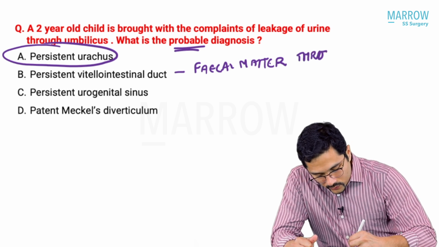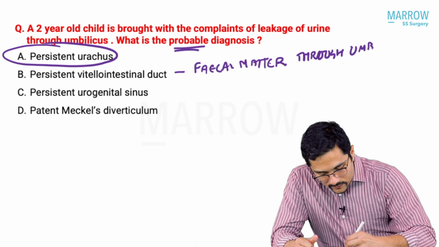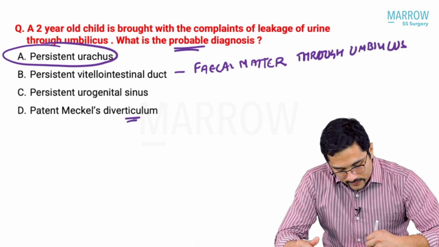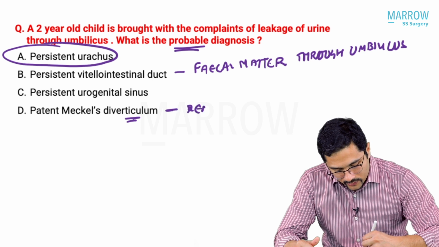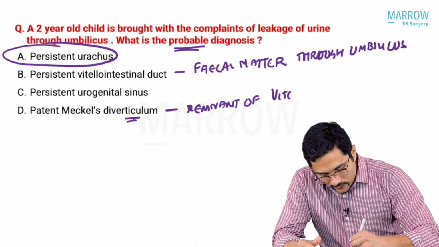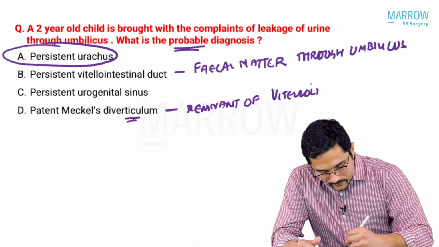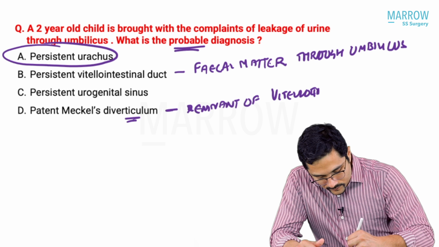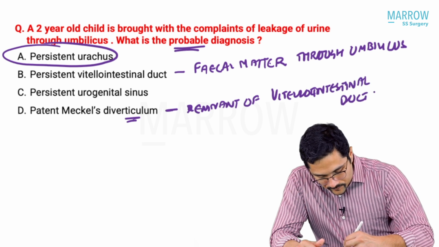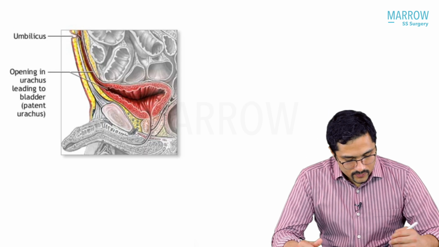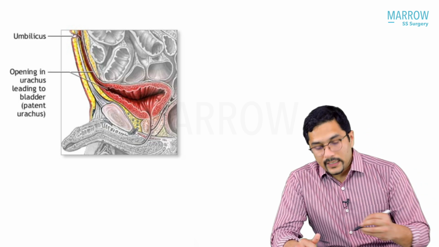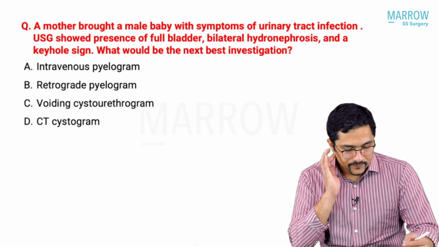So, fecal matter through umbilicus would be vitellointestinal duct, and Meckel's diverticulum is the remnant of the vitellointestinal duct. So, here you can see a communication between the bladder and the umbilicus, that is the persistent urachus.